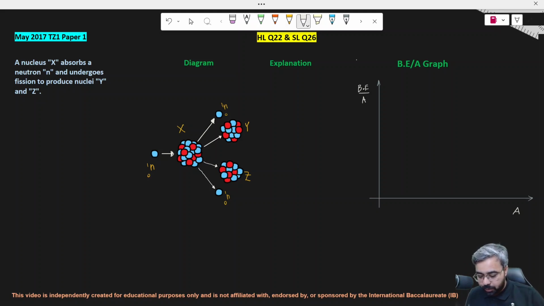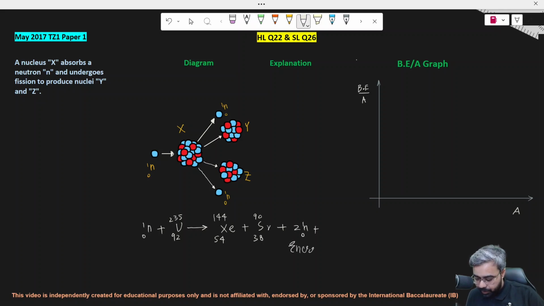When a neutron collides with uranium 92, 235, it splits into two fragments: one is xenon, 144 and 54, and the other is strontium, 38 and 90, plus two neutrons are released, just like you see in this reaction. And don't forget to write that energy is also released during this reaction.